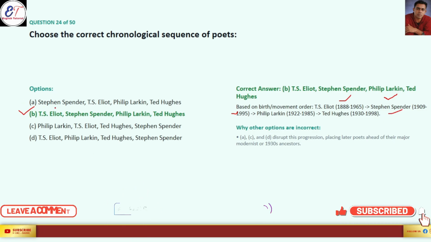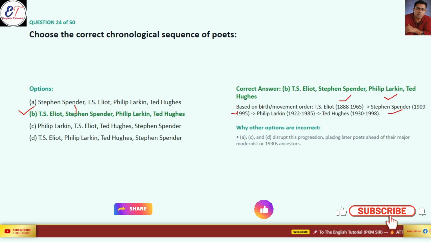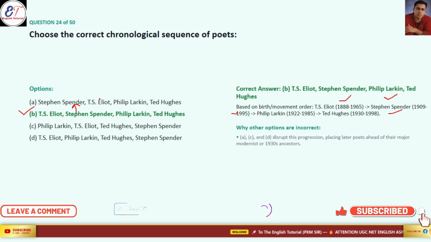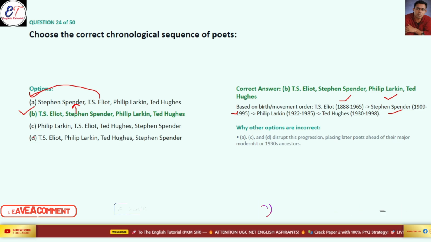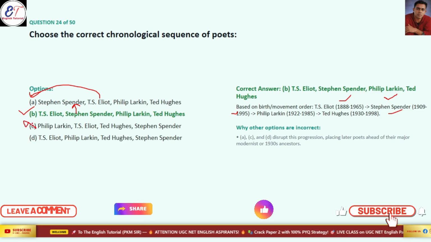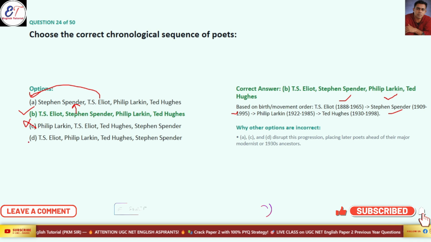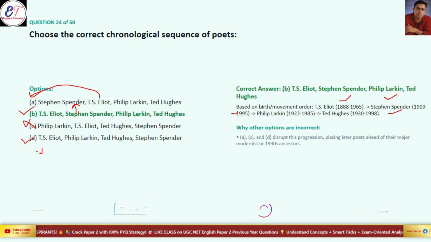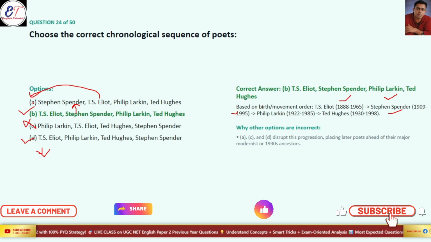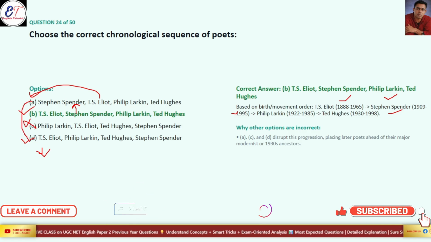Let's see the other options. Here Stephen Spender is in the first option, so this is wrong. T.S. Eliot should be first, and in this option T.S. Eliot is not there, so it is wrong. In option D, T.S. Eliot is the first option, so A and D are the confusing options.